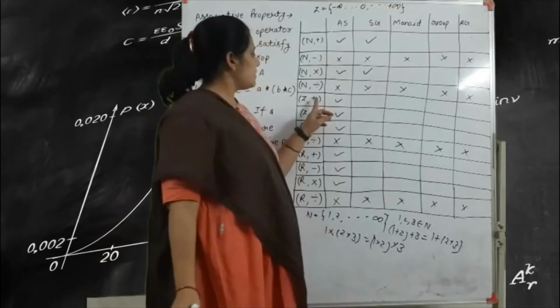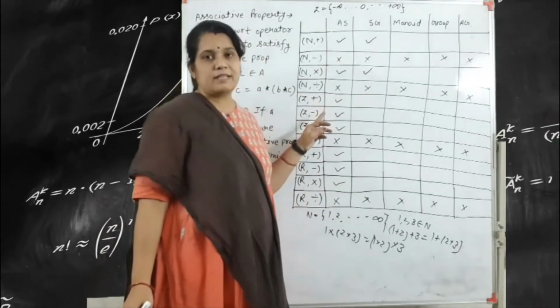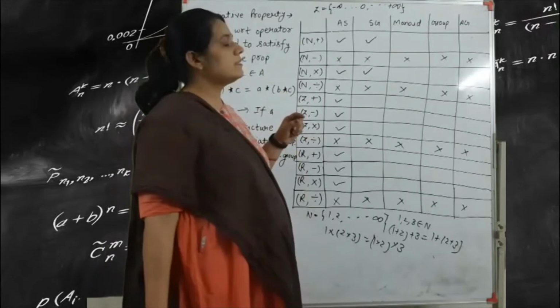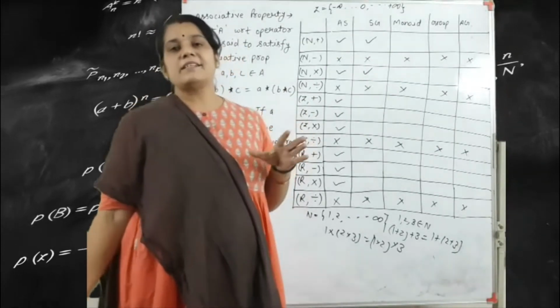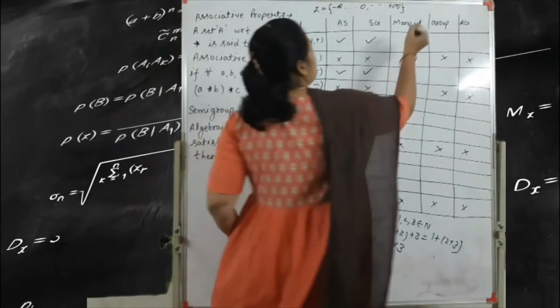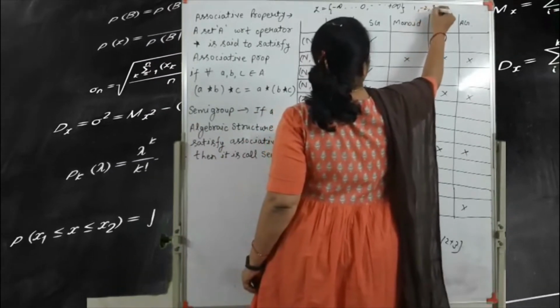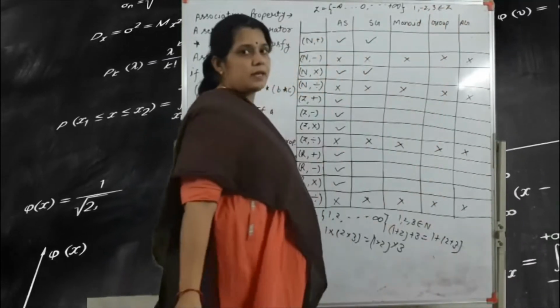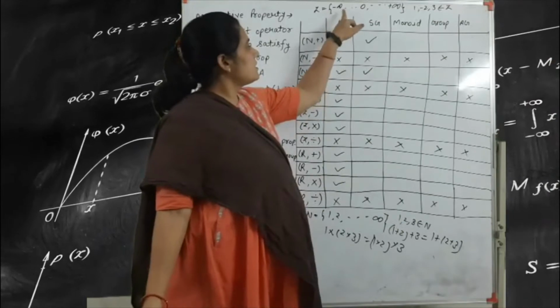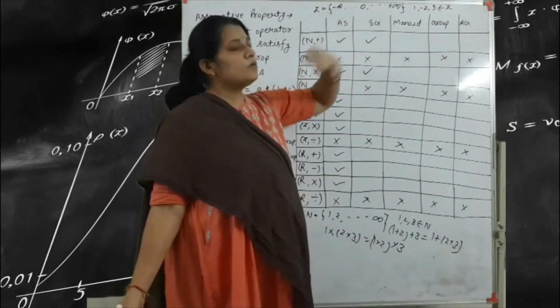Okay, so if we use Z plus, that means for example we consider 1, minus 2 and 3. We write here 1, minus 2 and 3 belong to Z, because the set Z is what? Minus infinity to 0 to plus infinity.